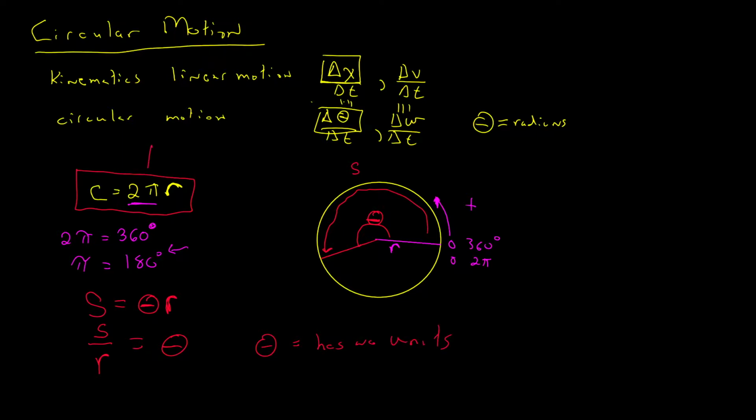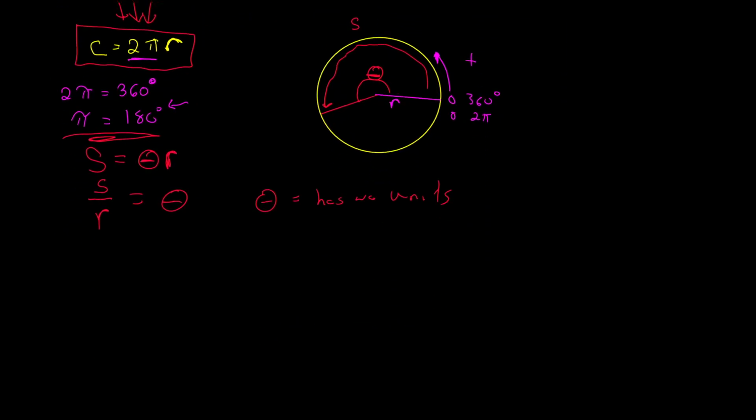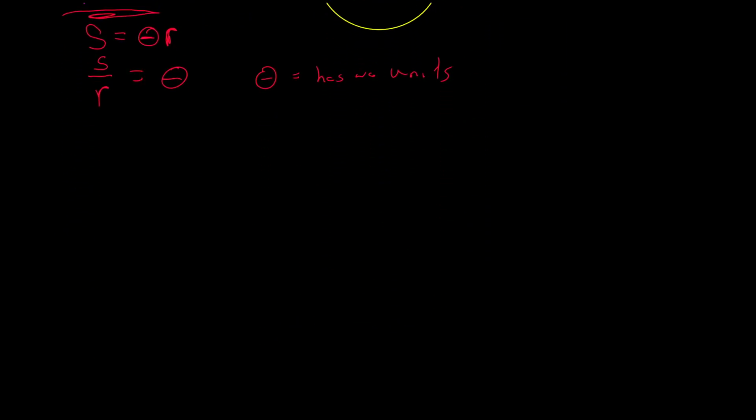If we use radians, this relationship for our angle is technically a unitless measure, which we're going to find very useful. And so we're going to talk about angular displacements in terms of radians. One of the things we have to do is dig back into our well of unit conversions.